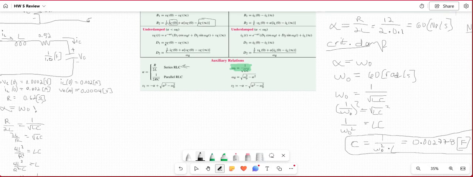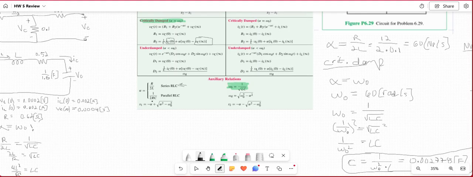Now we can just do the equation, right? So we have VC of t equals B1 plus B2 t, e to the negative alpha t, plus VC of infinity.